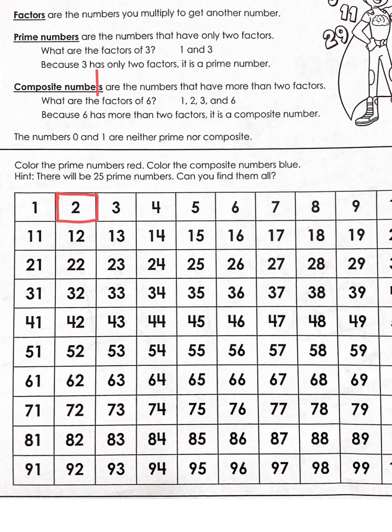So then I have 3 is also prime. 5 is also prime. 7 is prime. Oh, so it must be all odds are prime. 9 is not prime. 11 is prime. 13 is prime. 15 is not. 17 is.